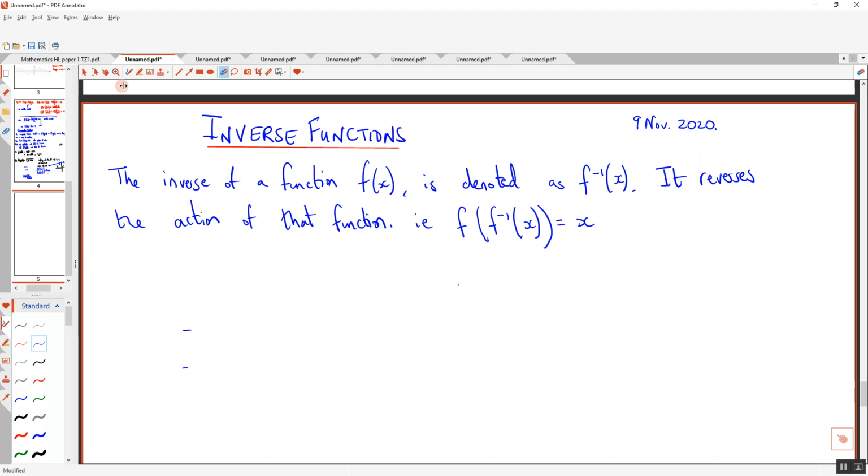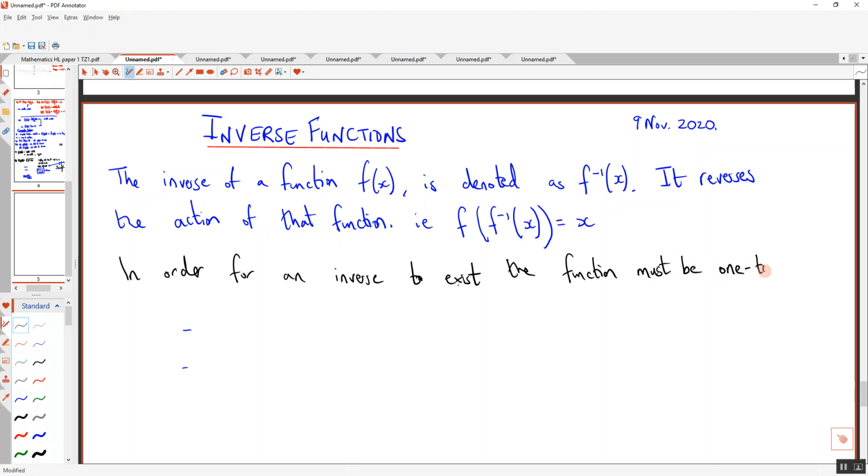Okay, so important point. In order for an inverse to exist, the function must be one-to-one.